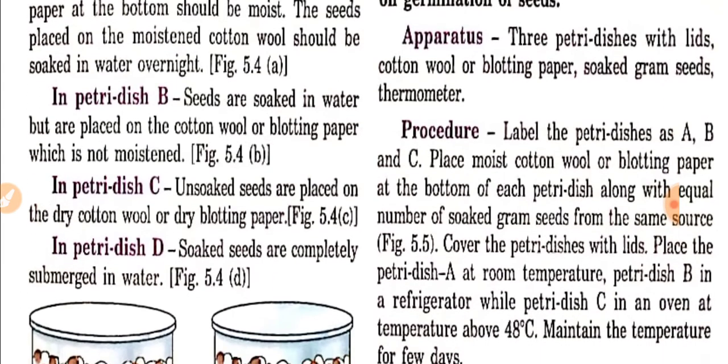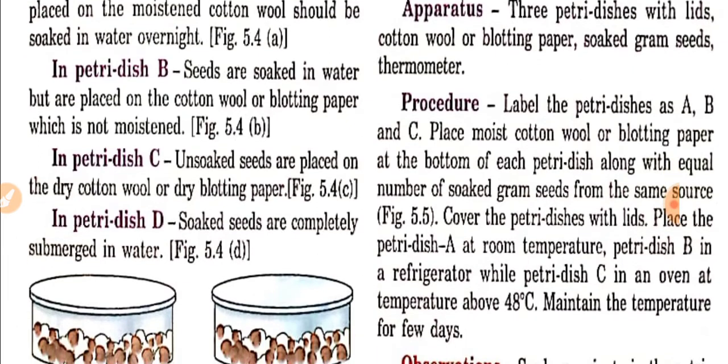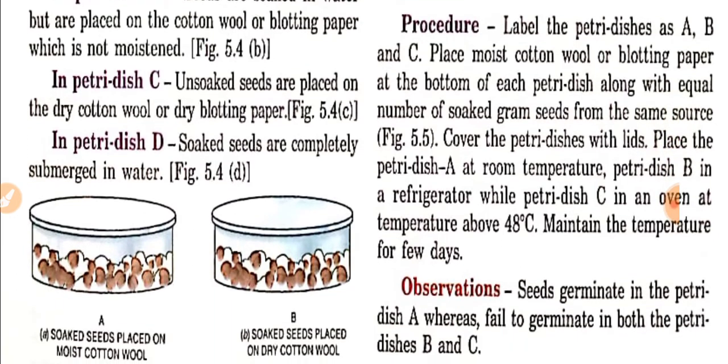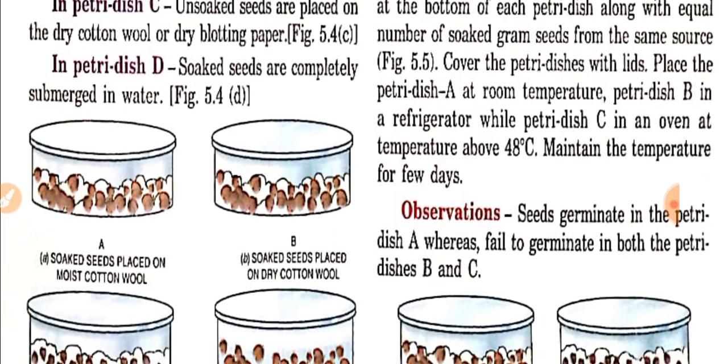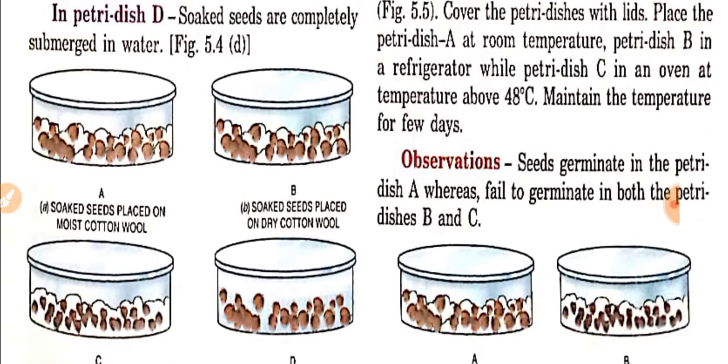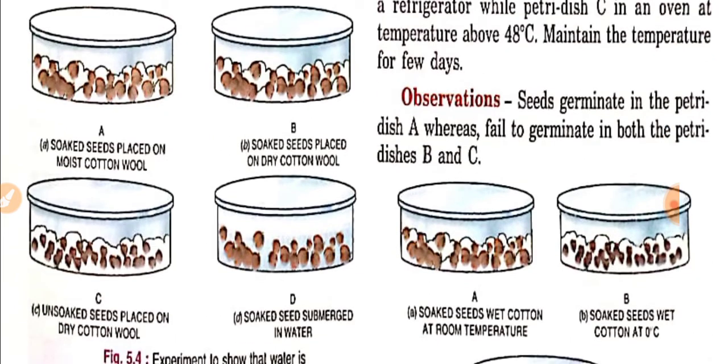In petri dish B, seeds are soaked in water but are placed on cotton wool or blotting paper which is not moistened. Unsoaked seeds are placed on the dry cotton wool. And next, soaked seeds are completely submerged in water. Like this, you have to do A, B, C, and D.